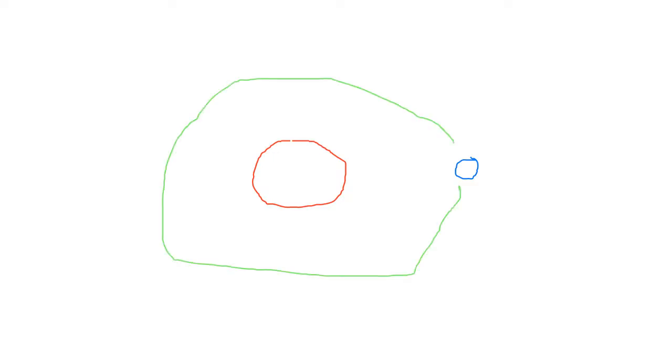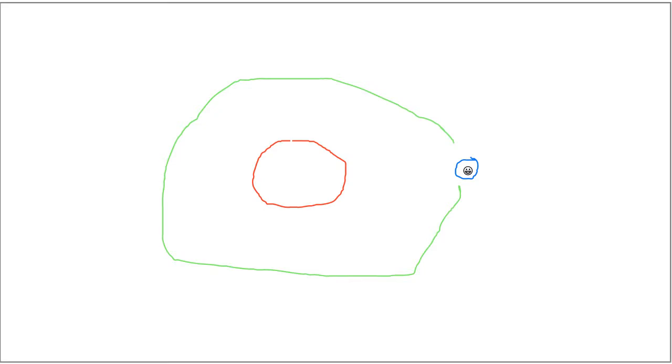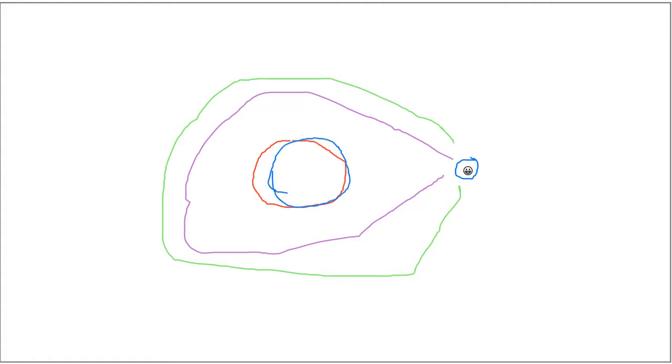So a year is defined. Let's draw the Sun. Here we draw Earth. And this is our orbit around the Sun. So one year is defined as Earth going around the Sun and reaching the exact same point.